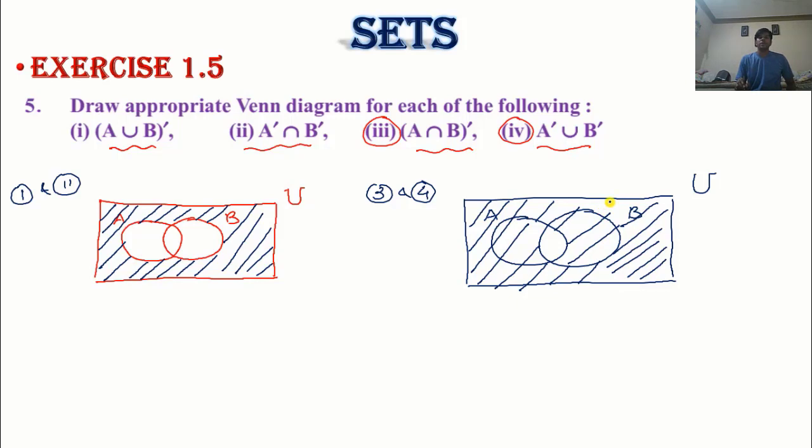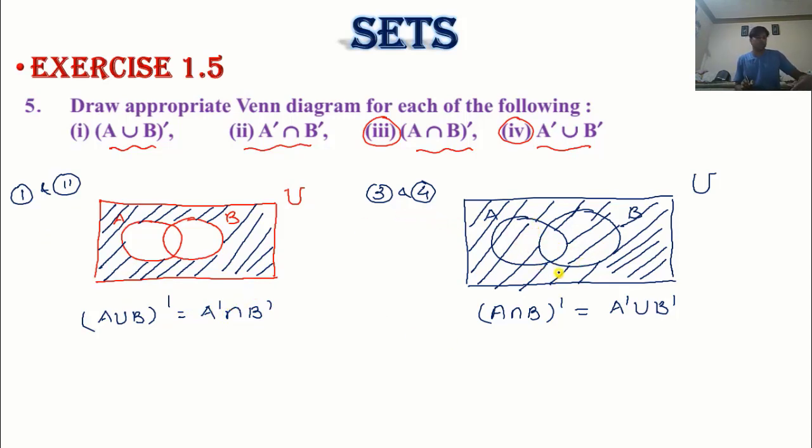That region belongs to (A intersection B)', and it also belongs to A' union B'. By the same way, for this one also (A union B)' equals A' intersection B'. So the first one and second one represent the same figure, as well as the third one and the fourth one.